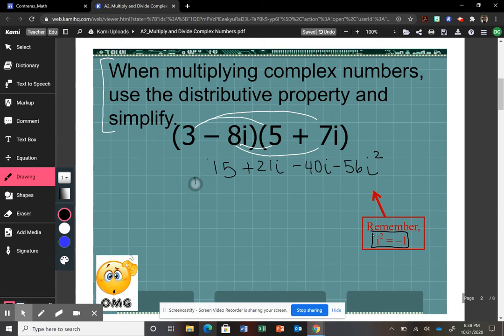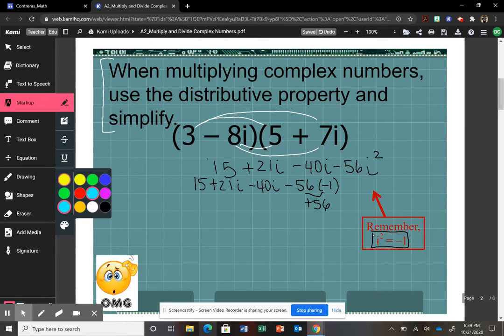So I can actually rewrite this as 15 plus 21i minus 40i. And then I have minus 56 times the negative 1. Okay, so this just ends up being a positive 56. Right, we're going to combine our like terms. So I'm going to add our constants together.